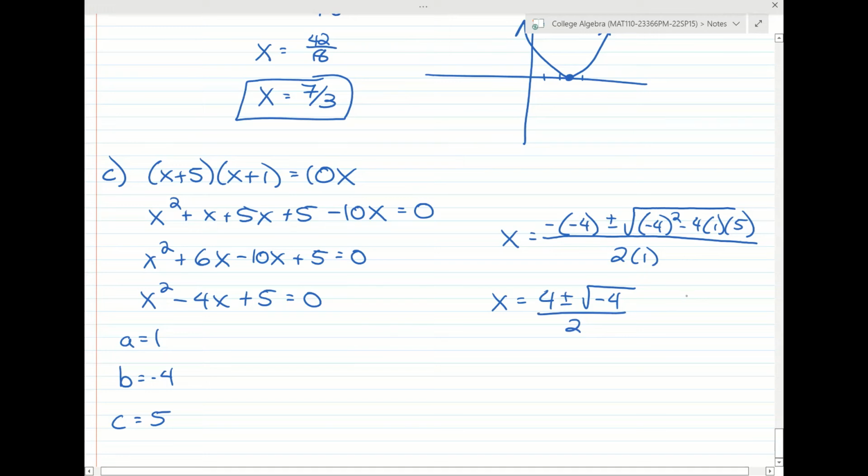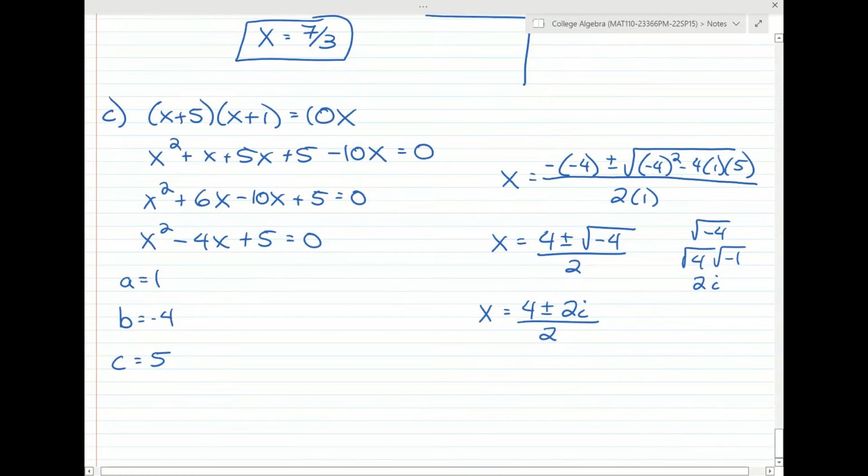We did talk about how to handle negative square roots, which would be the square root of 4 times the square root of -1, or 2i. And to simplify this, because that radical can be simplified to 2i, we could do 4 divided by 2 and 2i divided by 2.